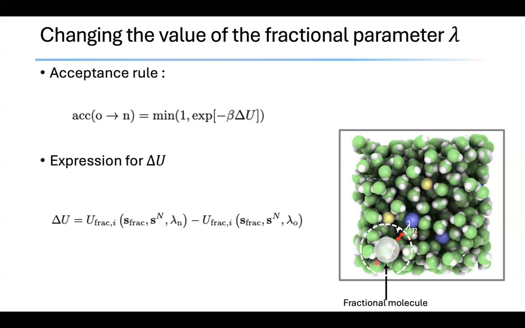Similarly, decreasing the value of lambda also has an effect on the interaction between the fractional molecule and the neighboring molecules, and thus has an overall effect on the energy of the system. Once again, the value of delta U can be plugged back into this equation for the acceptance rule, and it can be decided whether the move should be accepted or rejected.